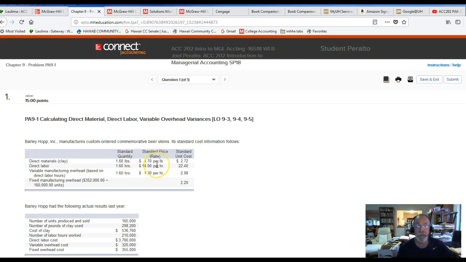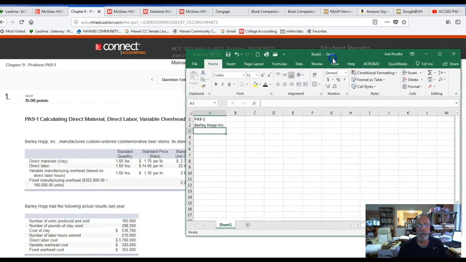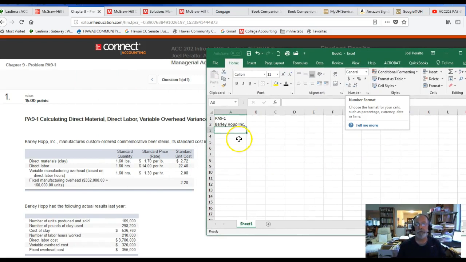Their standard price or rate is $1.70 per pound, and their standard unit cost is $2.72. So if you were to multiply 1.6 pounds times $1.70 a pound, that's how you would get your $2.72. Maybe we ought to show some of that information here.